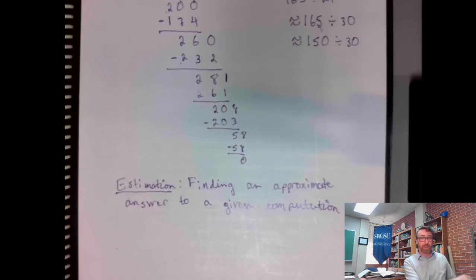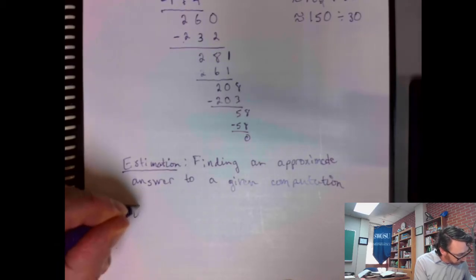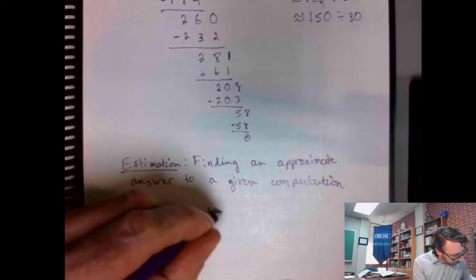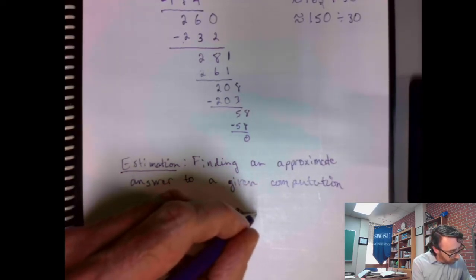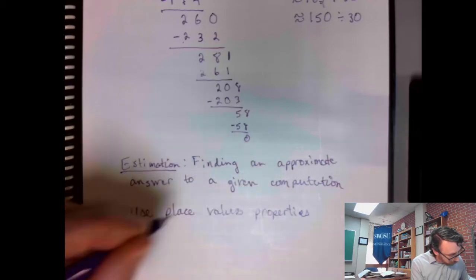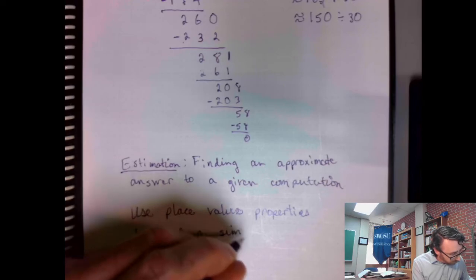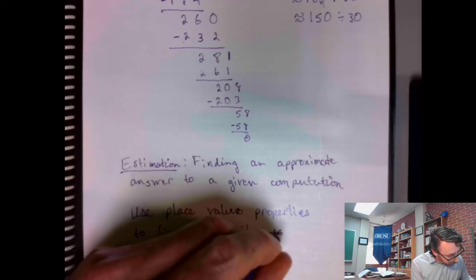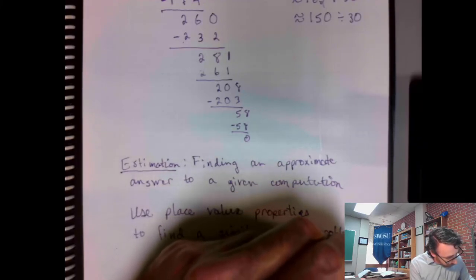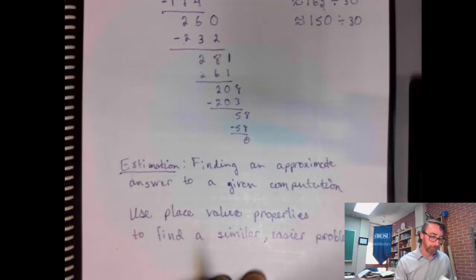Okay, so we're trying to find an approximate answer to get us started. And when we're doing our estimation, we want to use place value properties to find a similar, easier problem. Okay, we want to find a similar, easier problem.